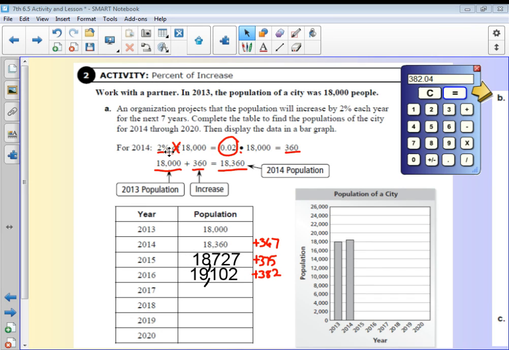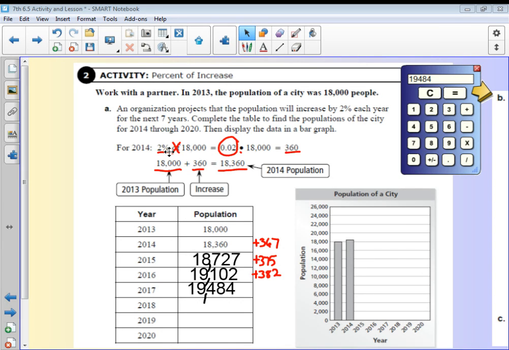So we'll add 382 to that 19,102, and it gives us 19,484. So we're going to slide that in there.